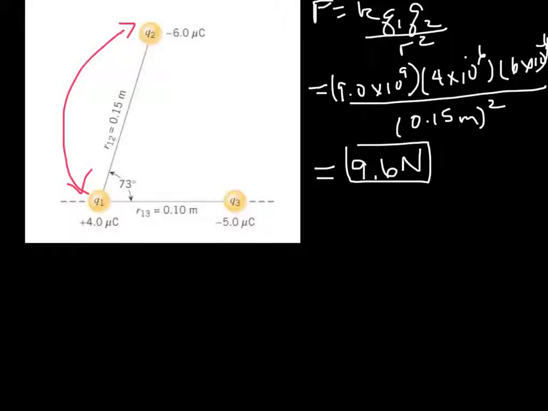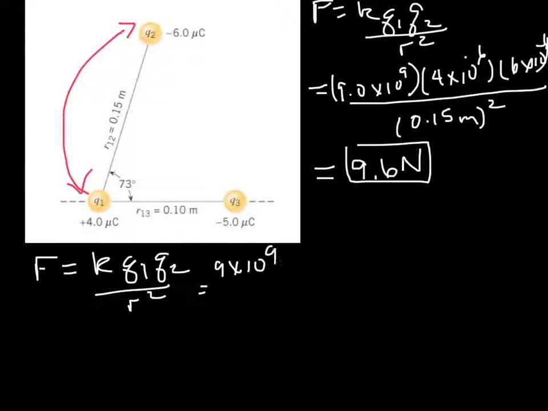Notice it's along a straight line. Now let's move on and do the force between the 4 microcoulomb charge and the negative 5 microcoulomb charge. So F, write your formula, always do that: K Q1 Q2 over R squared.